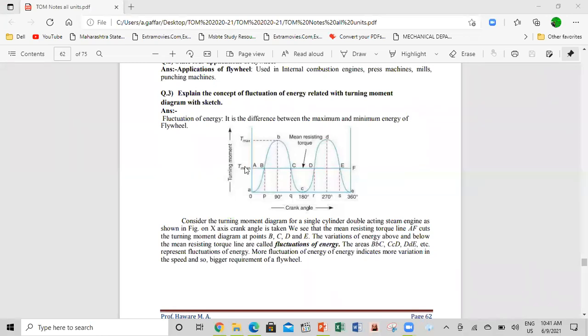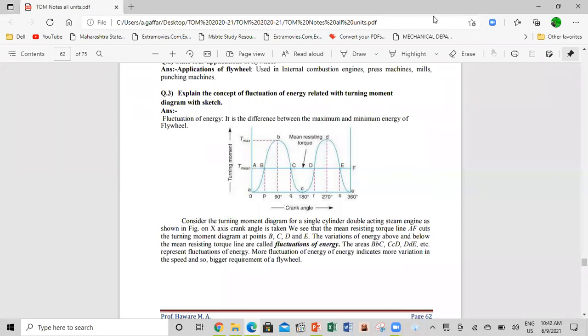So about the mean torque, loops are shown, loop capital B, small b and C, and loop capital D, small d and E. Both show maximum energy, and minimum energy is shown by the loop capital C, small c and capital D. So CcD shows the minimum energy. So the difference between maximum energy and minimum energy of flywheel is nothing but fluctuation of energy. Okay. So this mean line AF is the mean line.